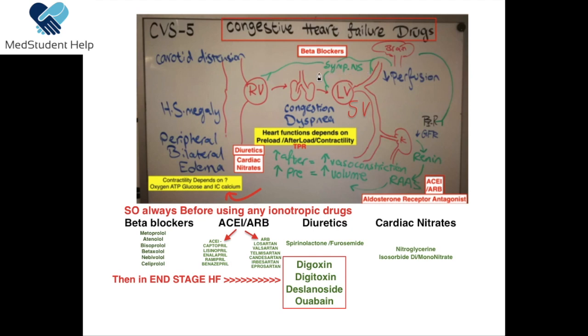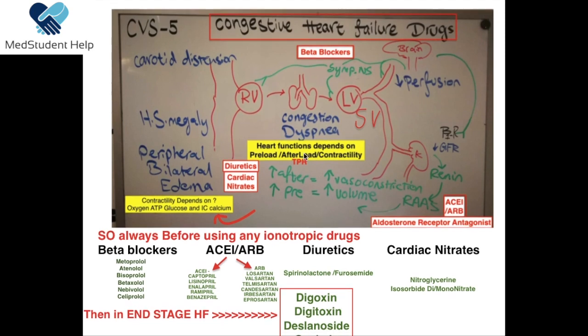And as a function of the sympathetic nervous system, there is going to be vasoconstriction on the vessels. Now, if there was a vasoconstriction, what will happen? There is going to be an increase in the total peripheral resistance, which means that the afterload is going to increase too. If the afterload is increasing on a failing heart, this is going to make things worse.